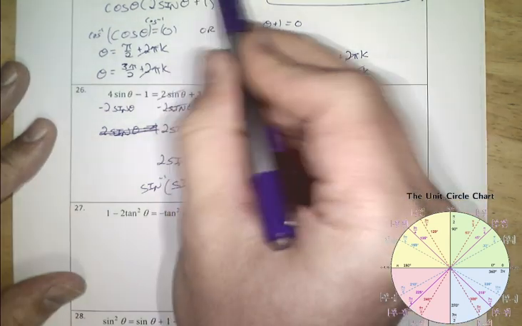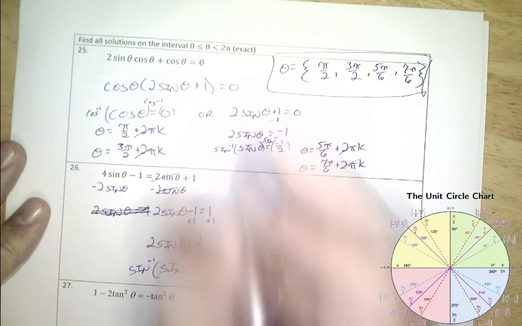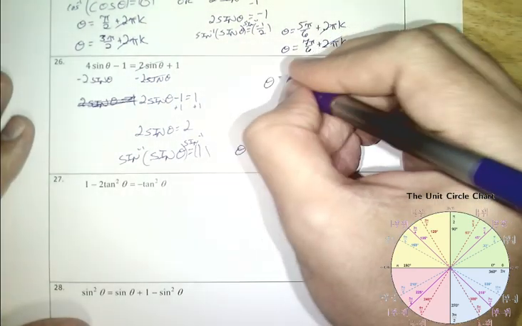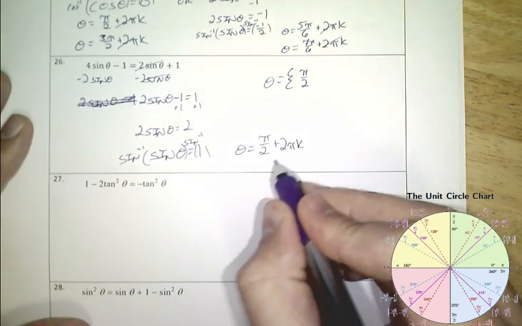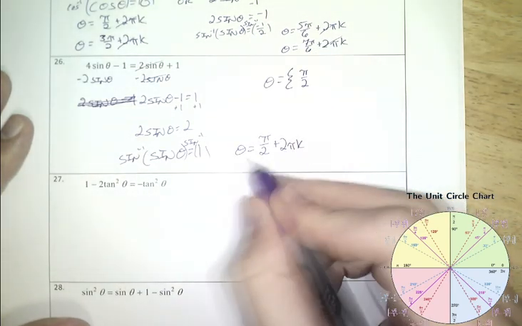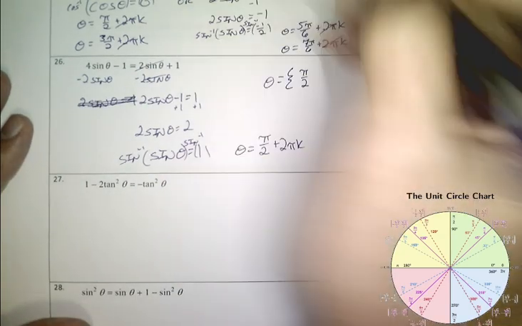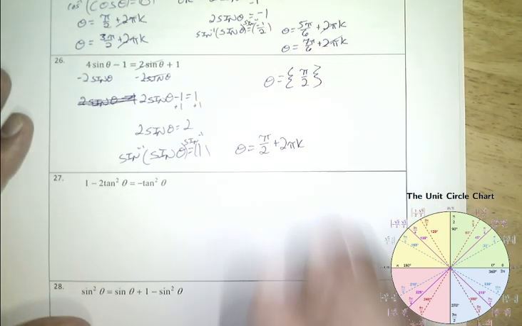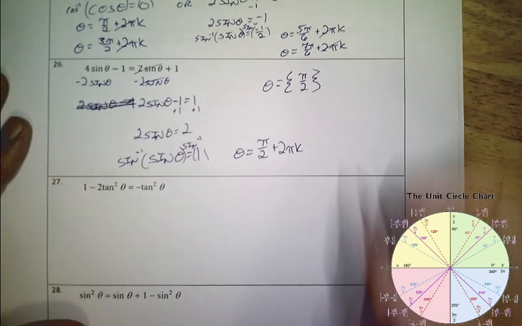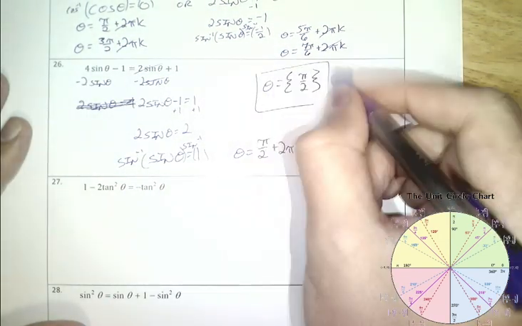And again, we're checking for solutions in this interval right here. Pi over 2 qualifies, so theta can be pi over 2. And then adding 2 pi obviously is going to make it bigger than 2 pi, and subtracting it's going to make it less than 0. So that is it. That is our only solution.